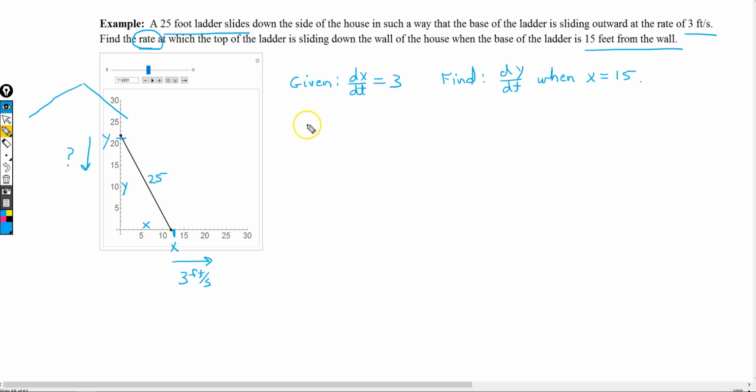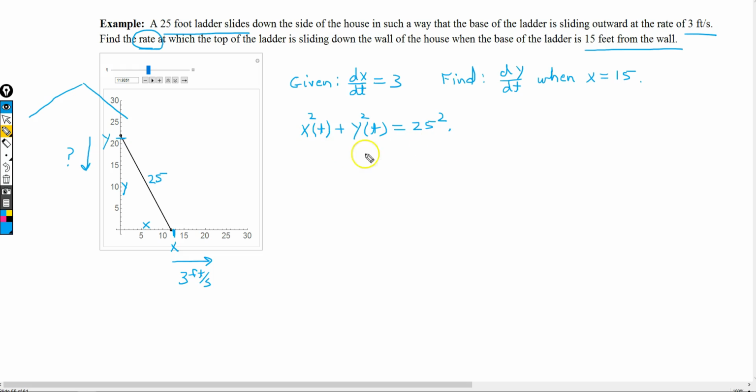So we know that x is going to be a function of time t, and I'm going to square it, plus y squared, equals 25 squared. Now we can differentiate this equation and find what dy/dt is in terms of dx/dt and x, and then we'll be able to solve our problem.